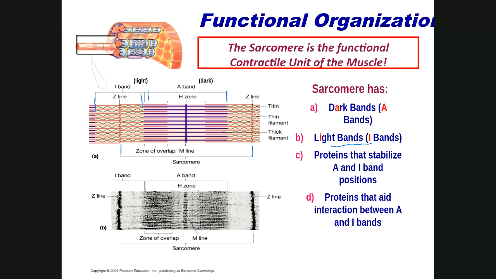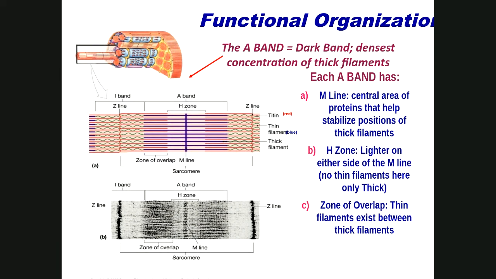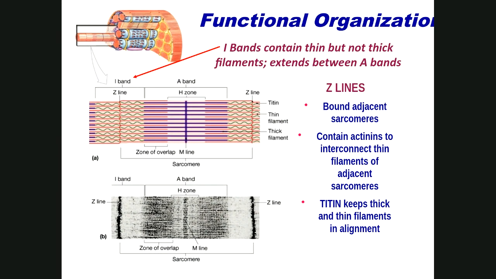So proteins connect to the A bands and the I bands, the dark bands and the light bands, and we'll discuss their details in a minute. The M line is that center line that connects to the thick filaments. The H zone is this lighter region in the middle, but this only has the thick filaments, and the A band is the region of overlap of thick and thin filaments.